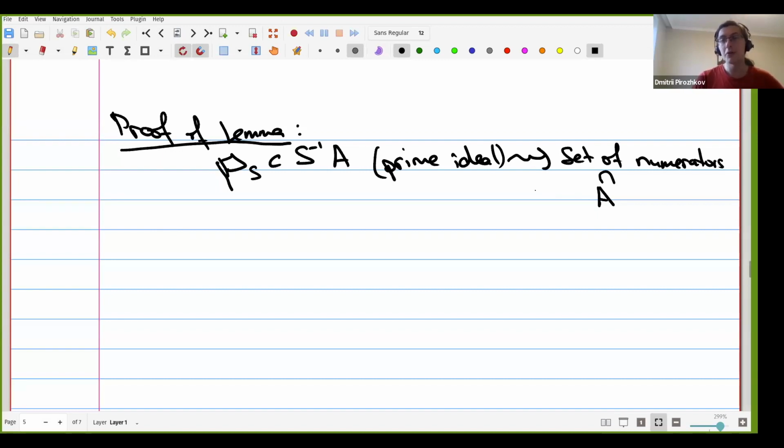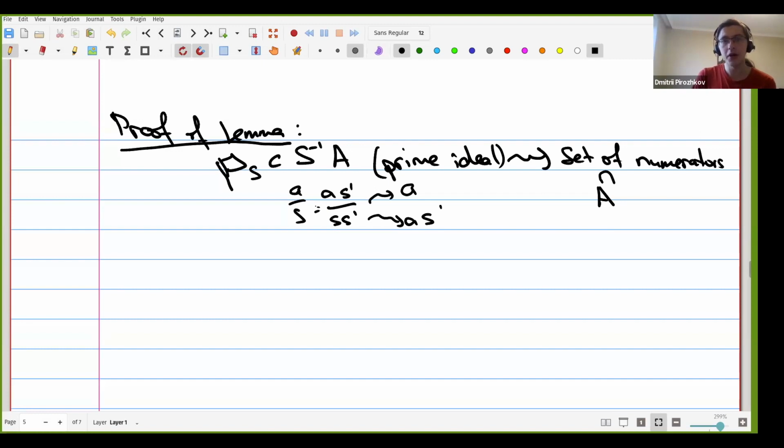So there are some questions about how well defined it is, but note that if you have A divided by S over here, then you can say that its numerator is A, but this can also be written as A S' divided by S S', and then you would get A S' as the numerator.